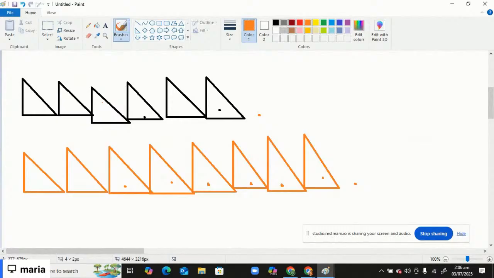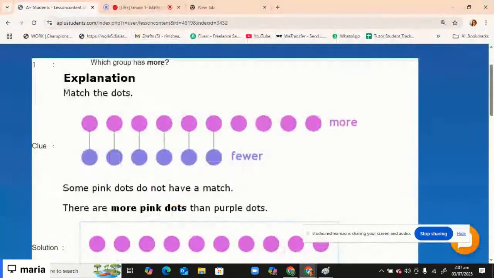Yes, everyone tell me in the chat please. So the triangles in the orange color are more, because these are only 6 and these are 8. So we can say that this is greater as compared to this one. So this is more and that is fewer.